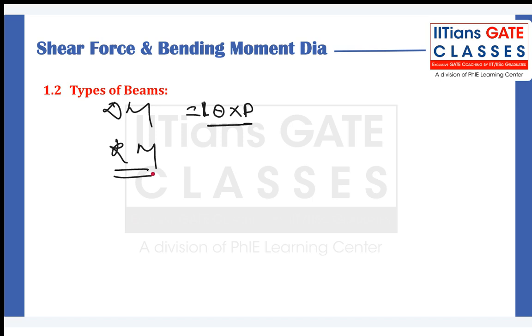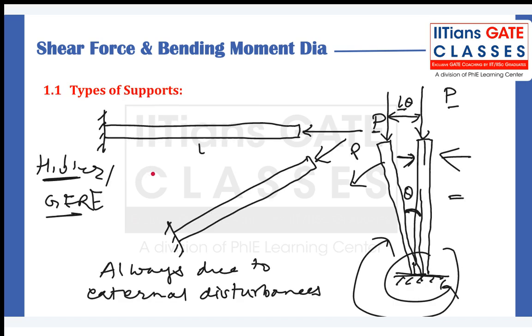Now tell me, where will this restoring moment come from? It will come from the strength of the column. Basically the support, right?